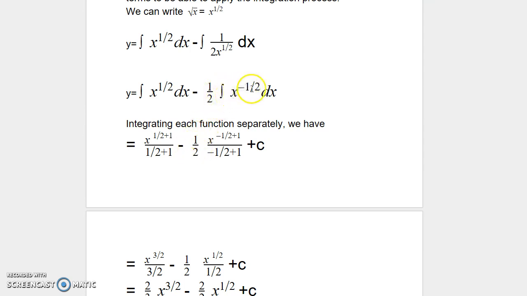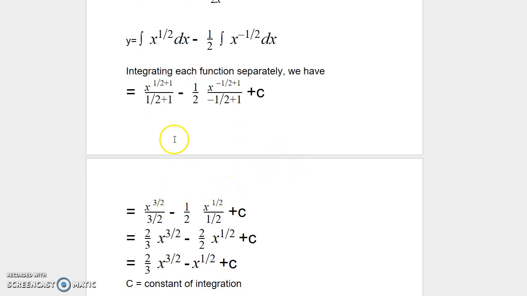Integral x to the power of minus 1 half, we can apply the power rule here. We can write it as x to the power of minus 1 half plus 1 divided by minus 1 half plus 1. And when we use the process of integration, we always add a constant, which is the term c in here.